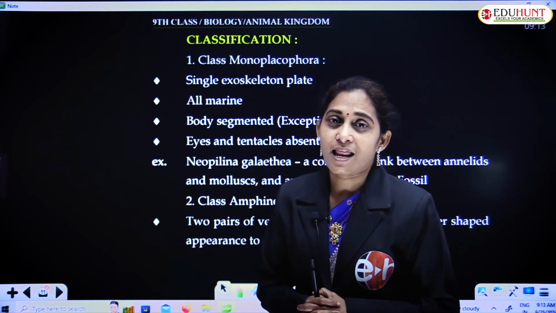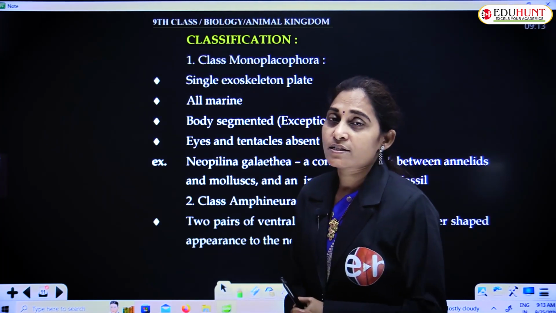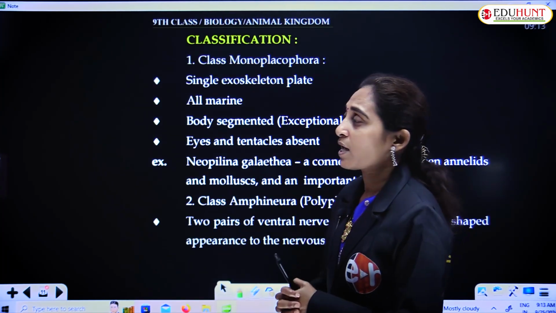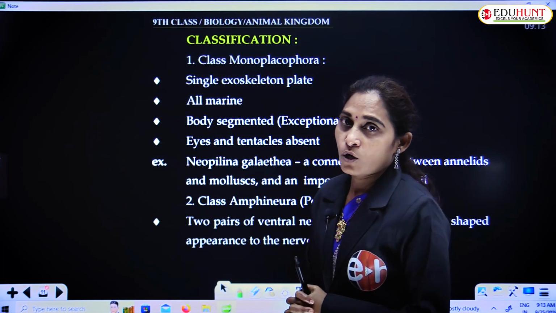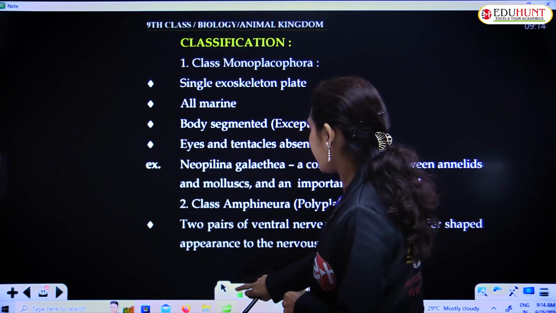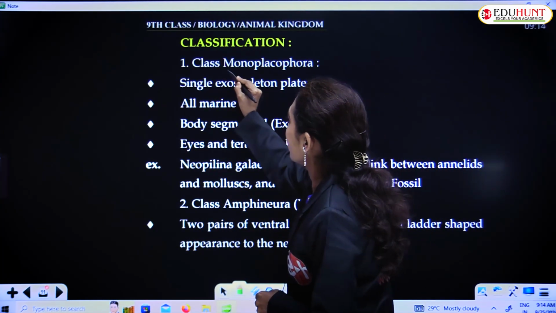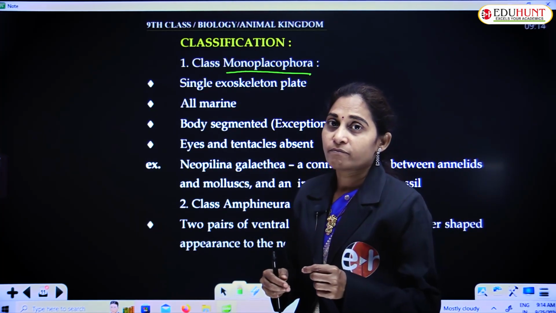Let's see the classification of Mollusca. First class of the phylum Mollusca is Monoplacophora. Mono is single, only a single shell is there.